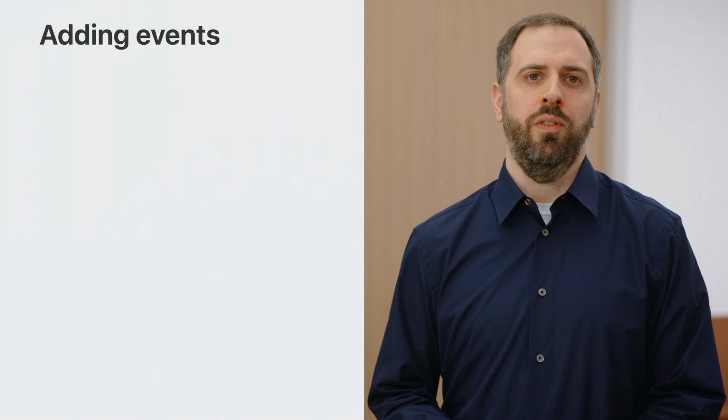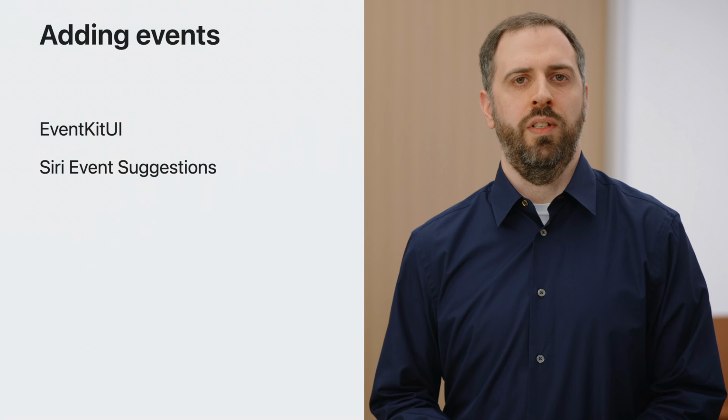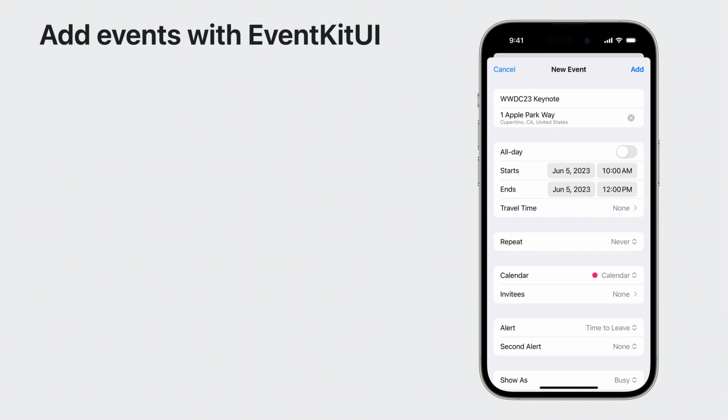One of the most common ways to integrate with Calendar is to add new events. Events can be added to the calendar in a few different ways. Use EventKit UI or Siri event suggestions to add one event at a time. Or, to save events directly, use EventKit. The simplest way to add an event to the calendar is to let EventKit UI do most of the work.